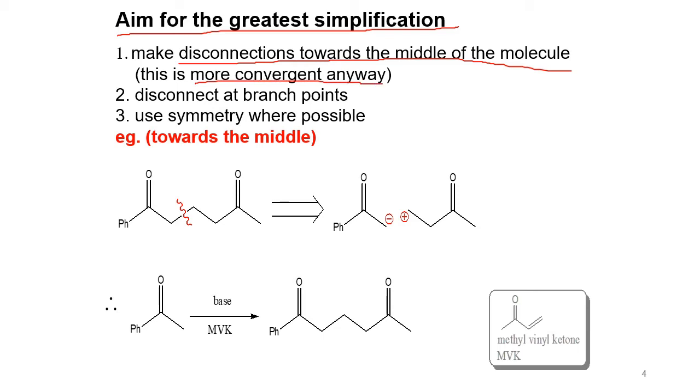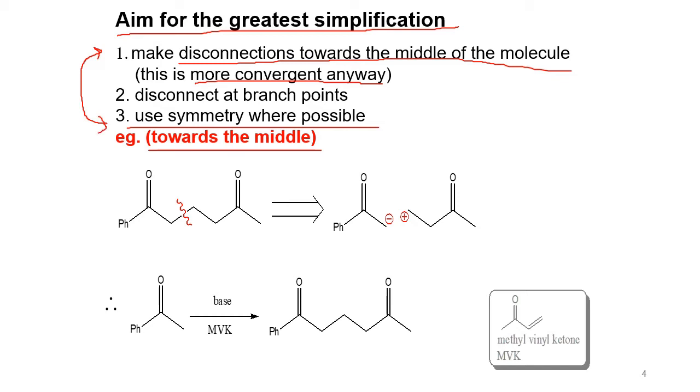If we focus on linear synthesis, we normally cut at the end of the molecule, but if we want it to be more convergent, we can make the disconnection in the middle. The second strategy is to disconnect at the branch points. The third strategy is to use symmetry where possible, which is almost similar to the first point, towards the middle.